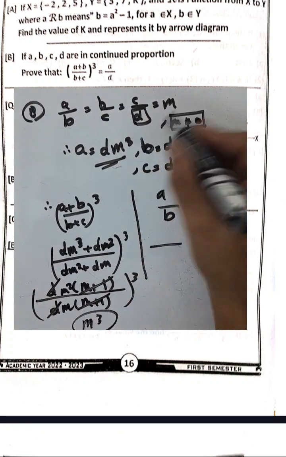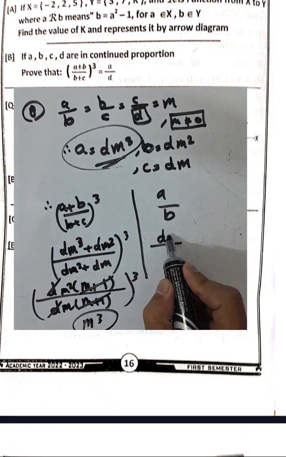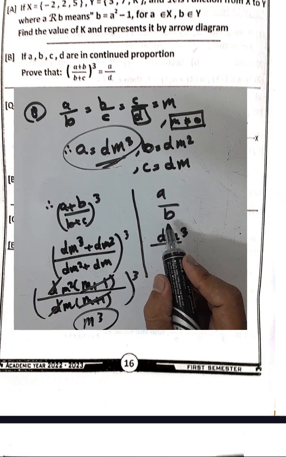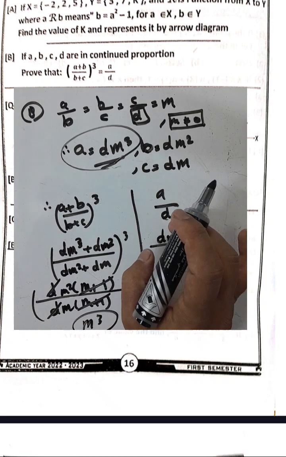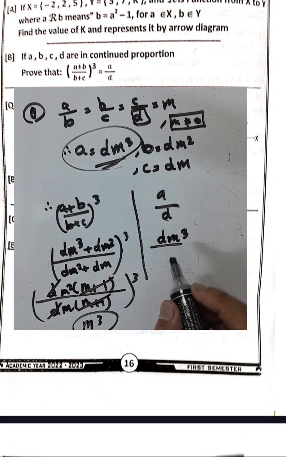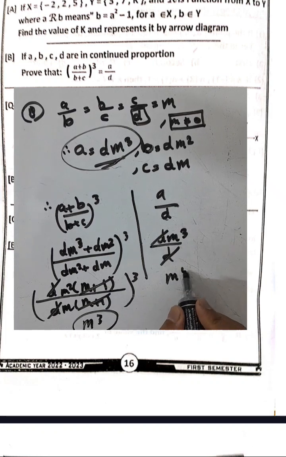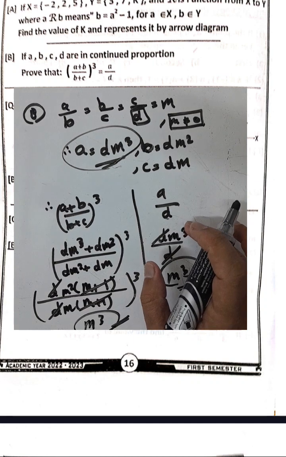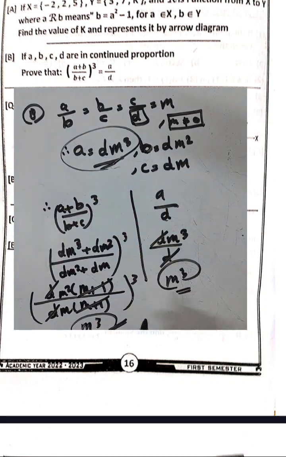Again a over b, put a equal dm power 3 over b equal dm power 2, it was d, not b. It's constant. Cancel d by d, then the result will be m power 3 because it was d, not b. If you put b, we will write dm power 2. Exactly, left hand side will be equal right hand side.